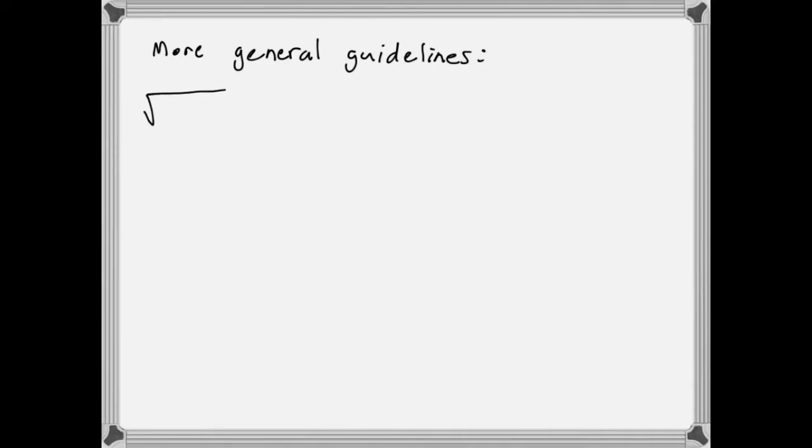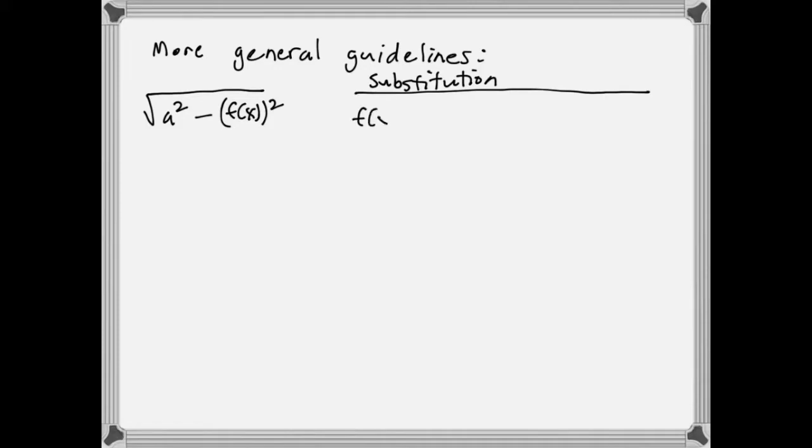So if you see an a squared minus some function squared, then let me create a little table here. Your substitution is going to be f of x is equal to a times sine theta.